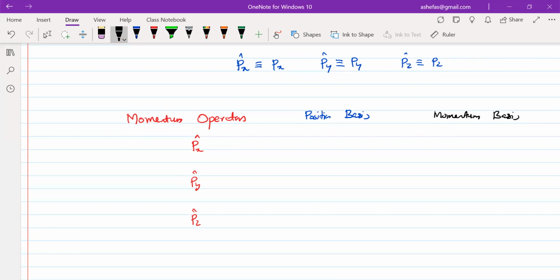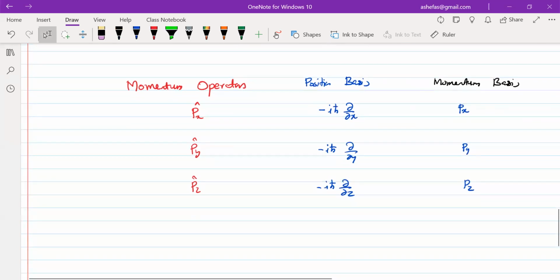In the position basis, Px becomes minus iħ ∂/∂x, and in the momentum basis it is simply Px. Py in the position basis becomes minus iħ ∂/∂y, and in the momentum basis simply Py. Pz in the position basis becomes minus iħ ∂/∂z, and in the momentum basis simply Pz.